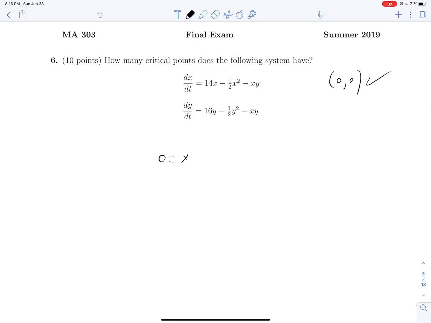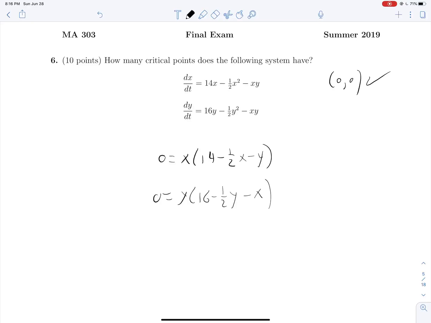So 0 is equal to x times 14 minus 1/2 x minus y, and 0 is equal to y times 16 minus 1/2 y minus x. What if y is equal to 0?